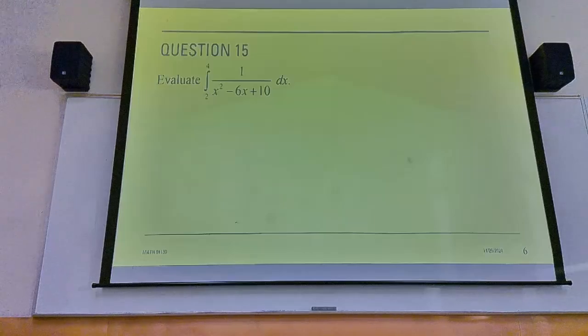Half of -6 squared. We want x squared minus 6x plus 9. That would be a perfect square.